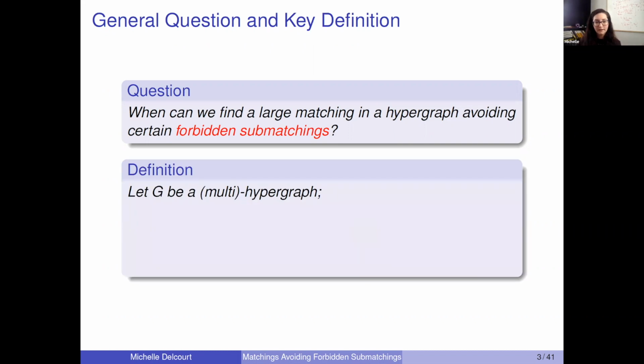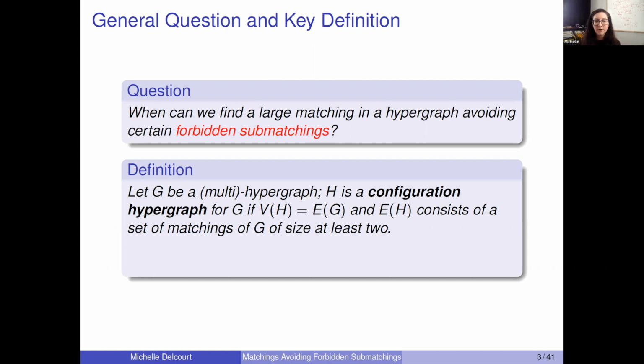To this end, let's introduce the following. Let's have a hypergraph called G, and for this hypergraph I'm going to define what I'll call a configuration hypergraph H. Here I am encoding the edges of G as vertices of H, and I will throw an edge into H that consists of matchings from the original hypergraph G. I'm only doing the interesting matchings, ones that contain at least two hyperedges.